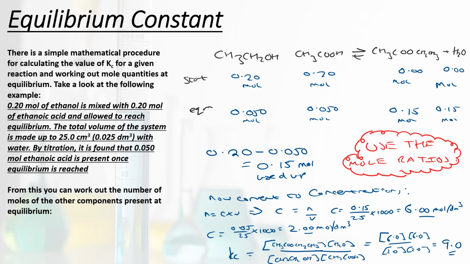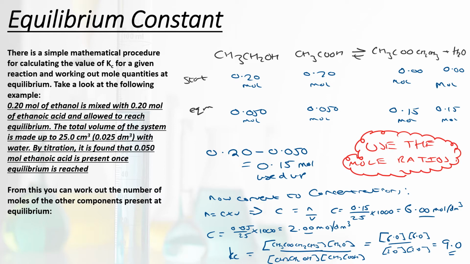Then we were told that 0.05 moles of ethanoic acid is present once equilibrium is reached. So under the ethanoic acid in my table, I'm going to write 0.05 moles. Now what I have to do is look at the mole ratios. Like in many types of questions like this where we're calculating moles and concentrations, we always have to look at the mole ratios.